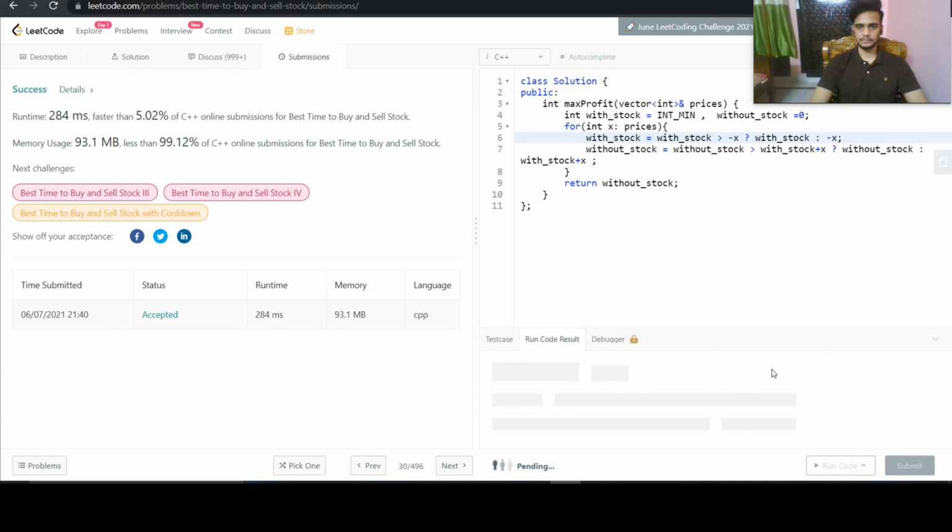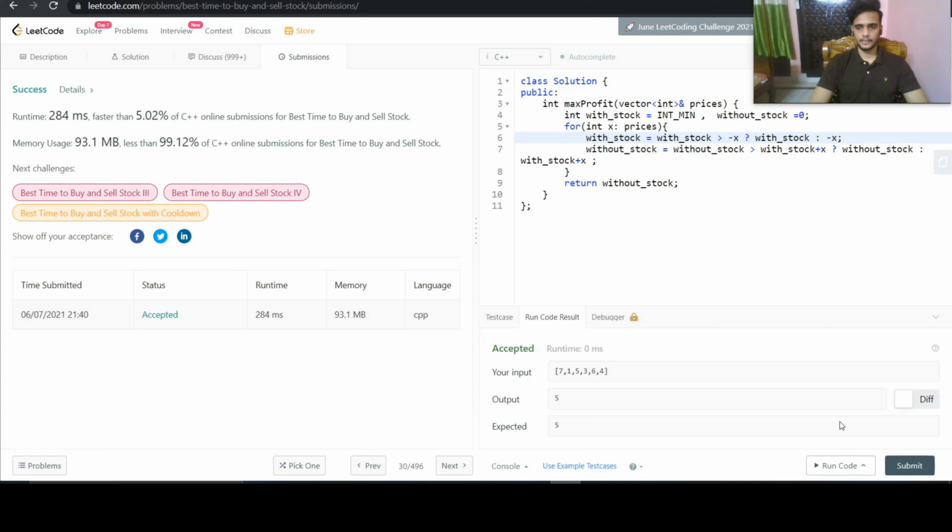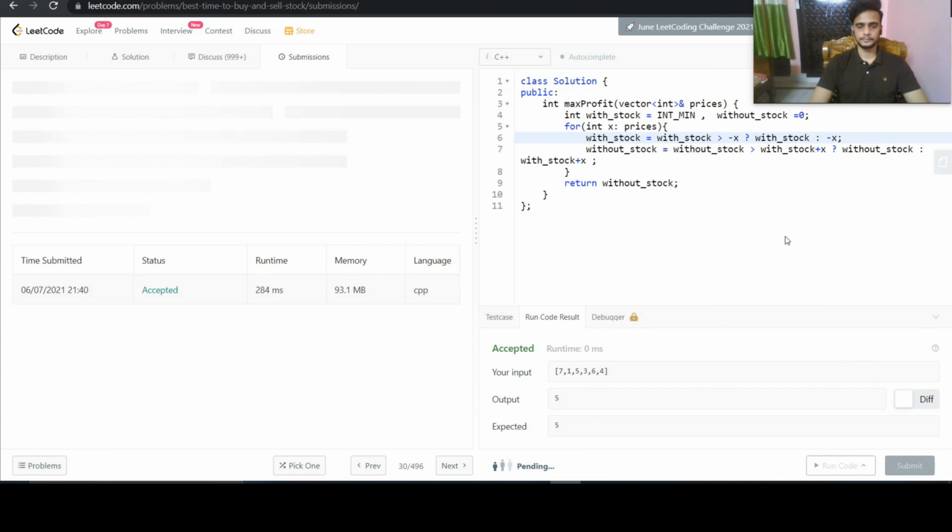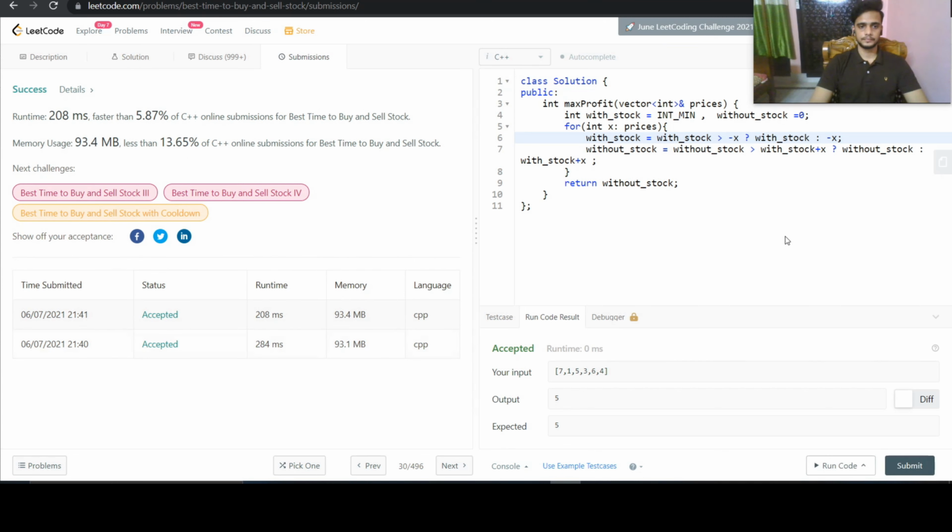Let us run again. Let us submit also. Okay, so it did not improve that much, but it is still an improvement.